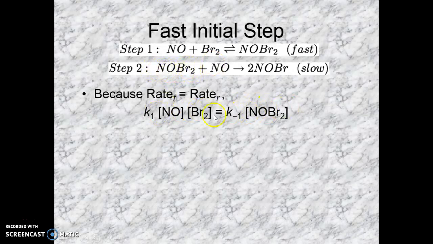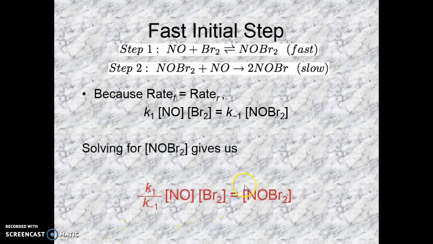Well, if you look at this equation, we now have a way to represent this concentration. If we take this equation and rearrange it, you can see that the concentration of NOBr2 is equal to k1 divided by k-1 times those concentrations of NO and Br2.